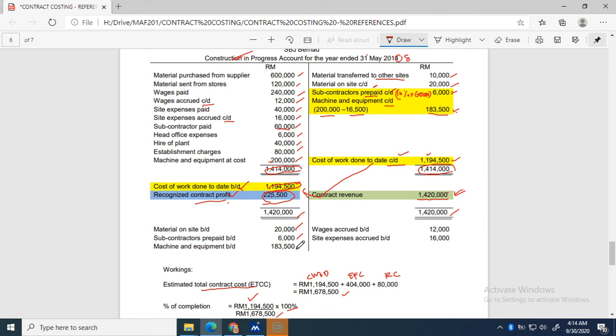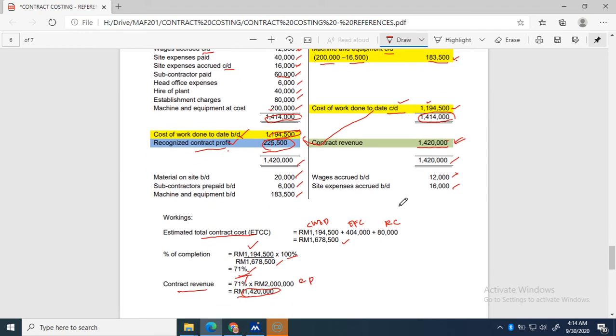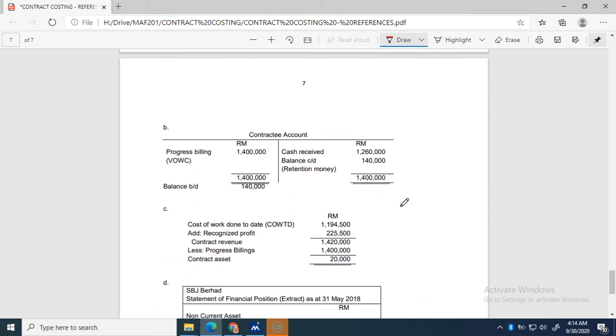So you have the balance brought down in the debit side. Wages accrued carried down 12,000. So credit side brought down. Side expenses accrued carried down 16,000. So we have brought down 16,000 here. So finish CIP.